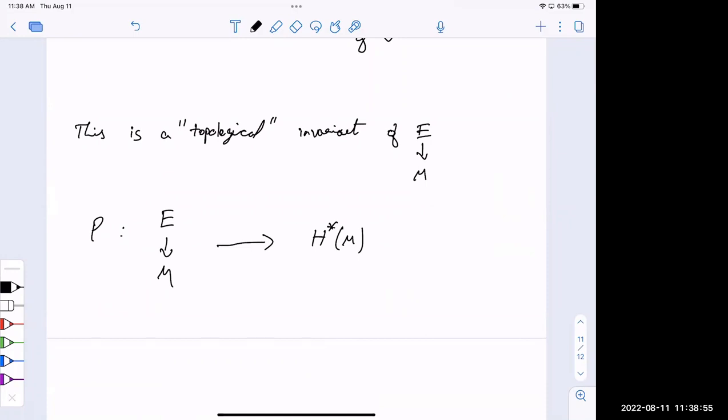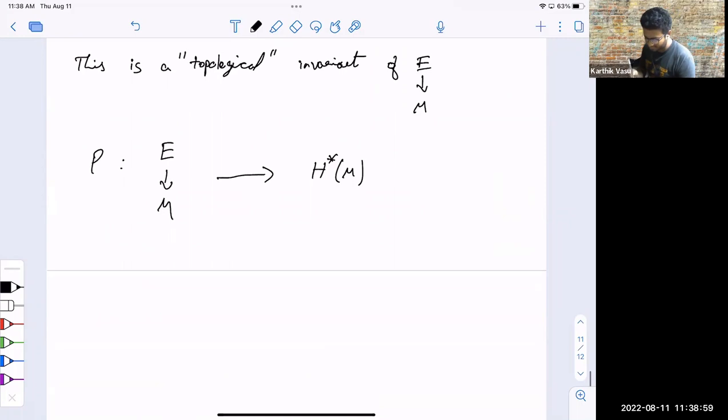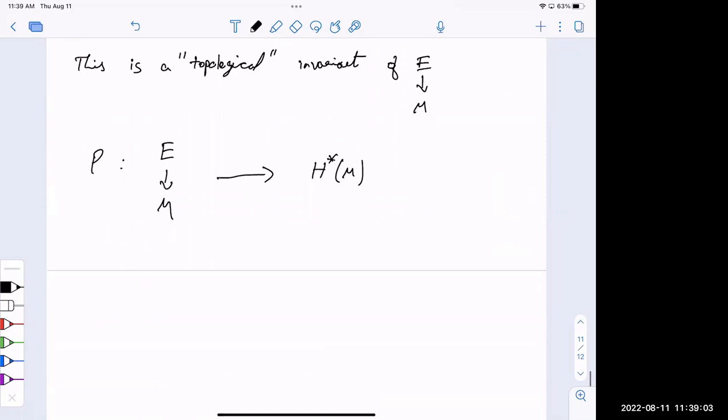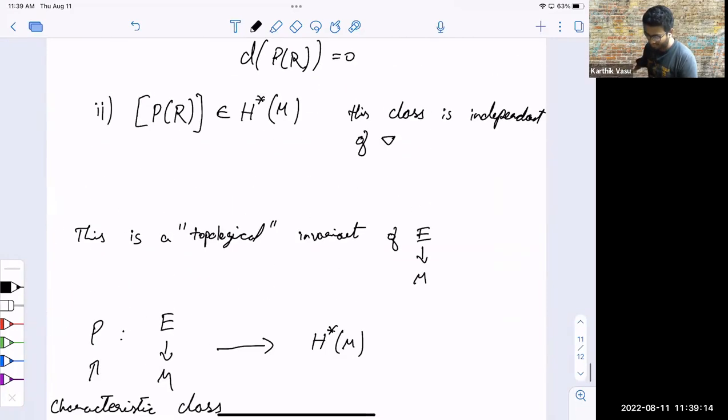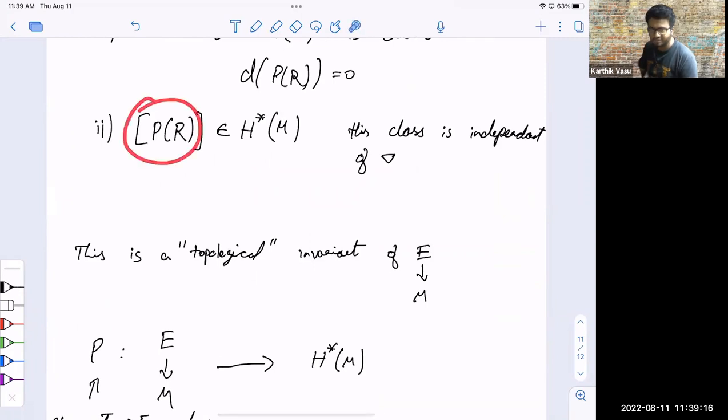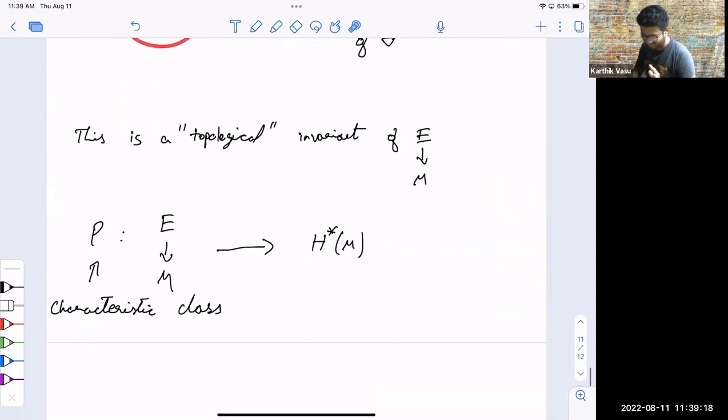It is called the Chern-Weil map. These maps P are called characteristic classes. And this way of defining using forms and local things is called Chern-Weil theory. But whatever, these are the important things.